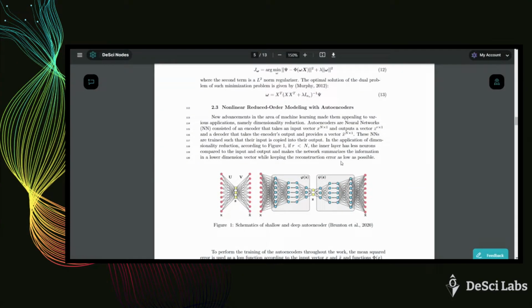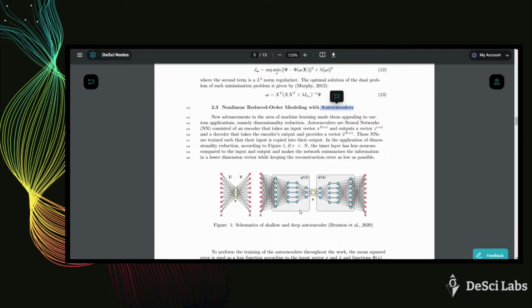So this was the first nonlinear method, and the second one that we described in this paper is a very well-known method in the machine learning domain, called autoencoders. Autoencoders, as you can see in this picture, are neural networks that look like this. We have two sections: the first part is called the encoder, and the second part is called the decoder.